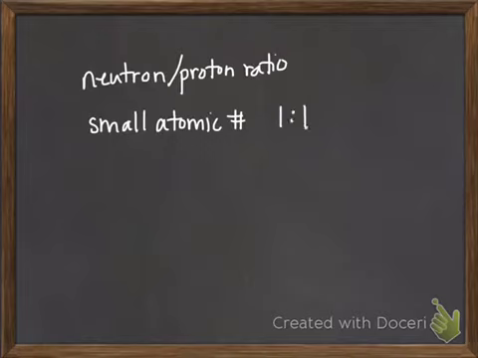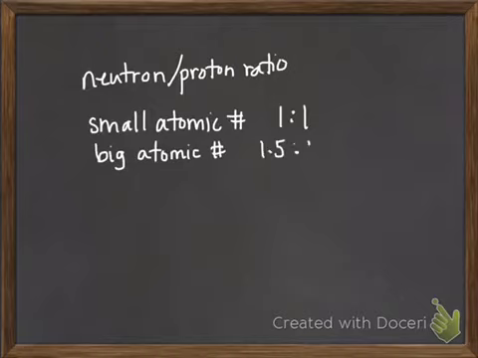So the ratio is 1 to 1 if you're a small atomic number. Now, if you're a larger atomic number, basically anything bigger than 20, the ratio of stability is actually 1.5 neutrons to 1 proton.